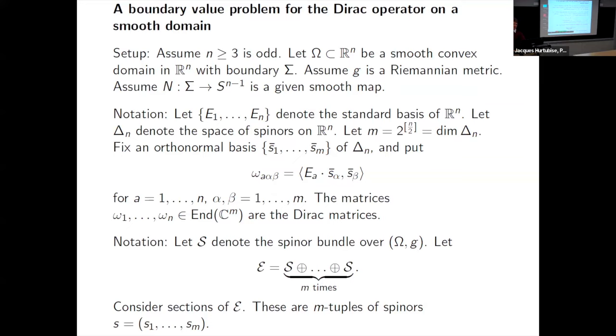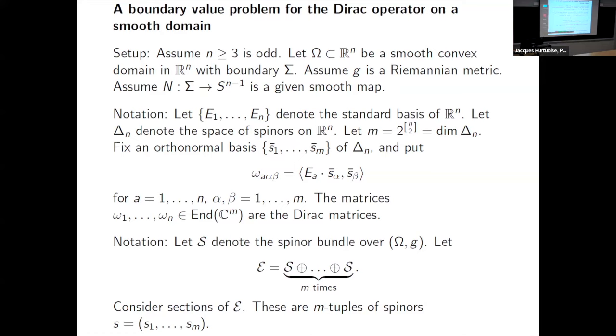So basically these omega_1 to omega_n are matrices that satisfy the Clifford relations: omega_A times omega_B plus omega_B times omega_A gives you minus twice delta_AB times the identity.